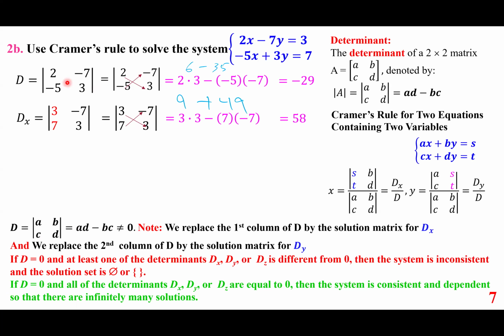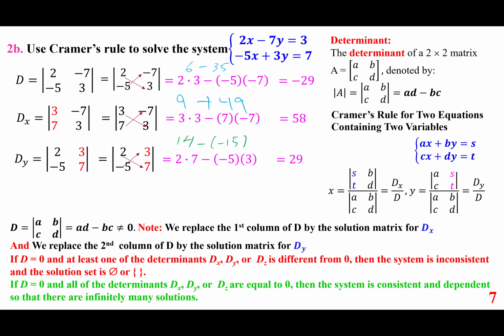Now I go back to D, keep the first column, and change the second one to 3 and 7. The cross product is 2 times 7 minus 3 times negative 5, so 14 minus negative 15, and we get positive 20.